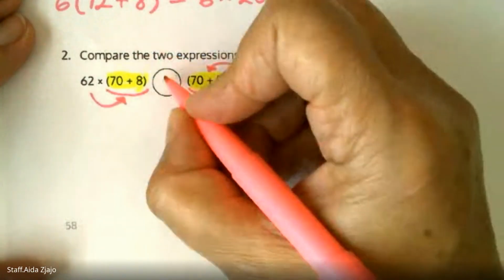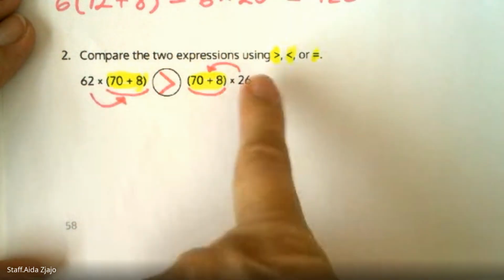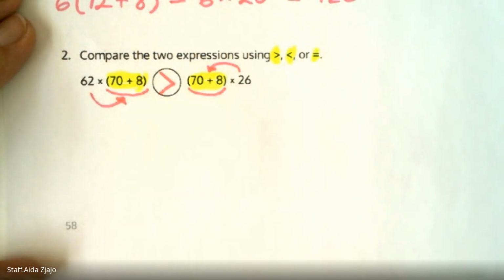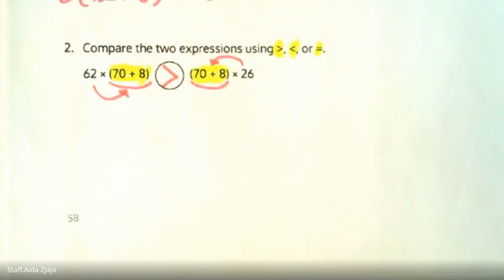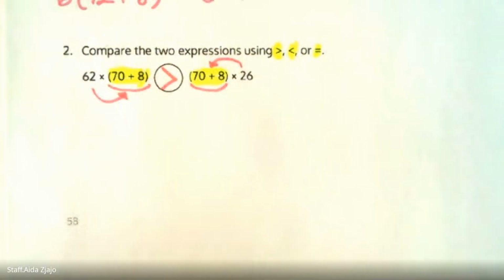Of course, there are more with 62 groups of that same number. And if you seek a solution, you can just do 62 minus 26, and that tells you how many groups of this, how much more this is than this. That's the whole thing.